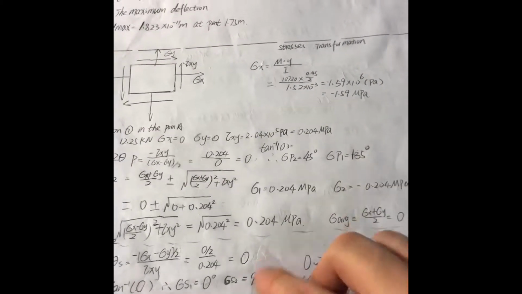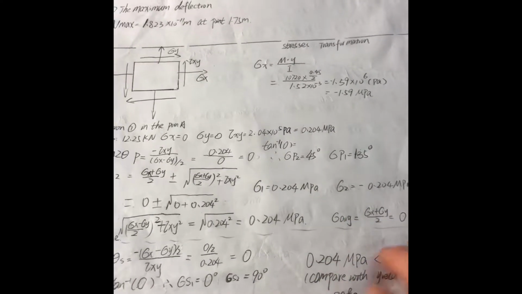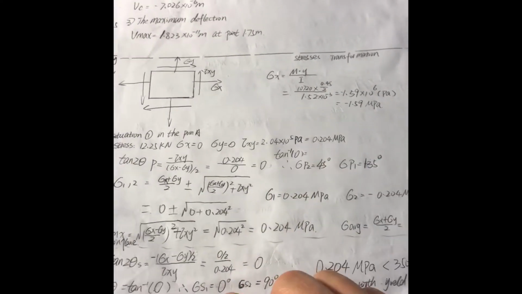You can see that 135 minus 90 equals 45, right? 45 degrees minus 0 is 45. So I can get some summary from here.